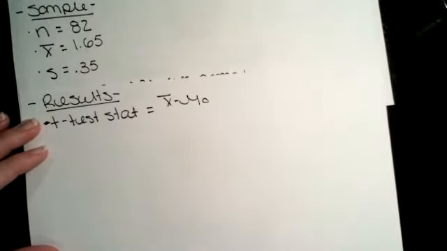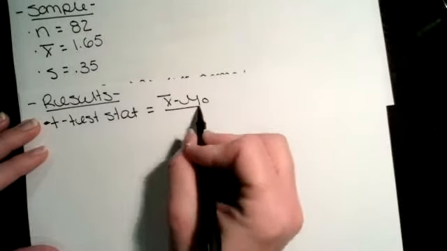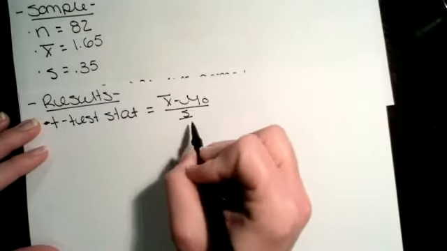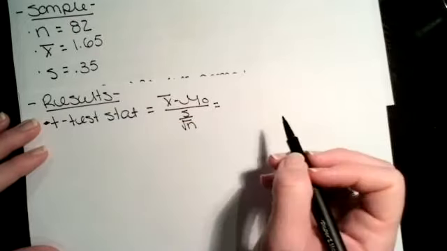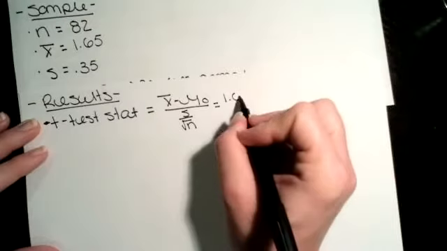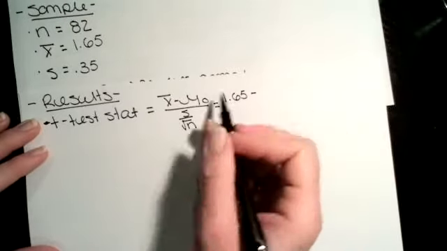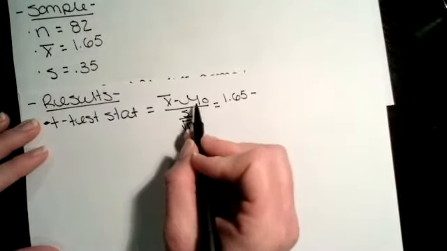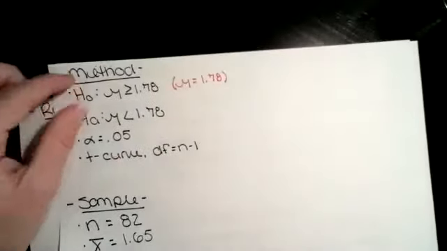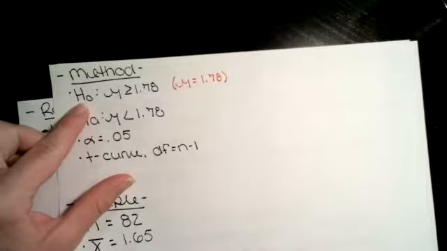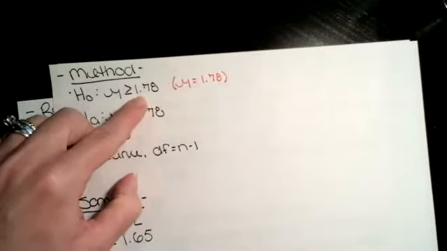So my test statistic is my X bar minus mu naught divided by standard error, which is S divided by the square root of N. I'm just going to plug all these values in. X bar is 1.65. Mu naught, that's the center of my curve. I need to go back and check, what is the center of my curve? The center of my curve, mu naught, is from the null, H naught, 1.78.